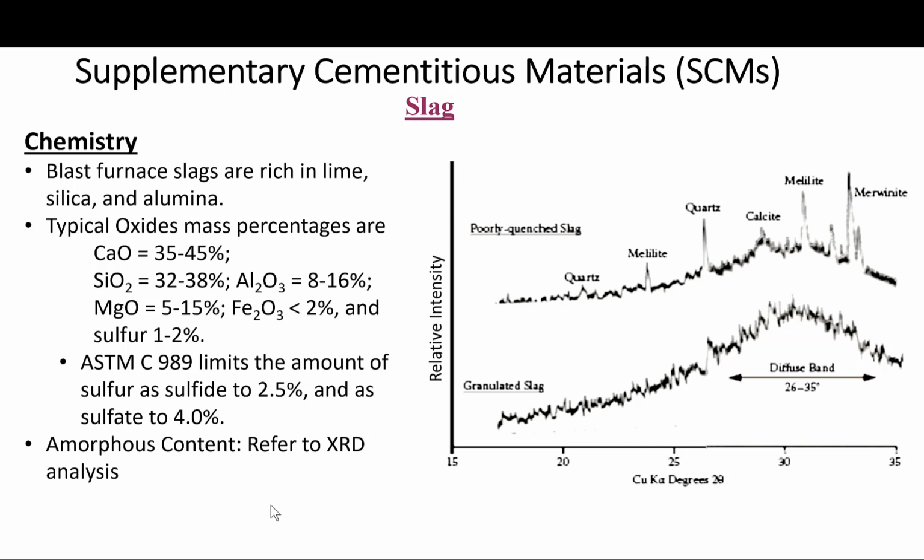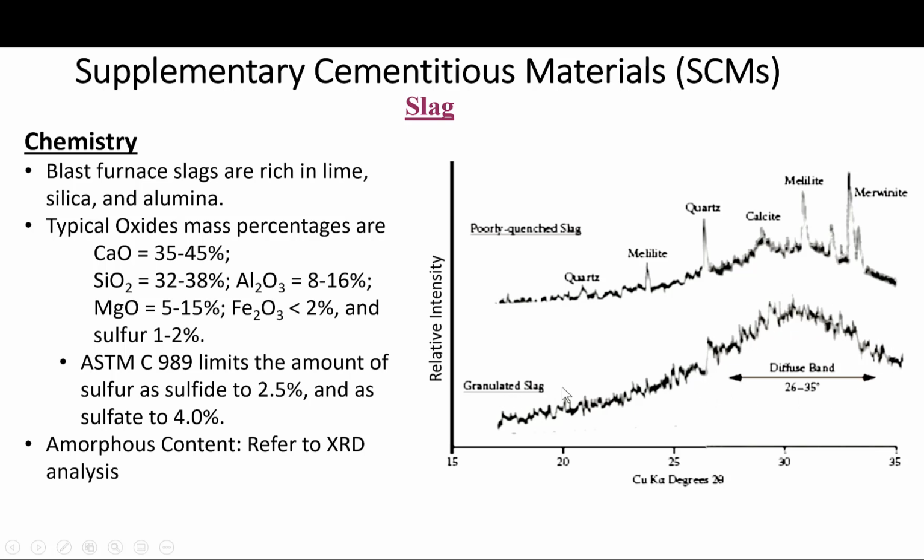So there are limits. When you get mill certificates to read and verify, make sure you are aware of the ASTM C989 limits. Also, if you are in doubt and there is evidence that requires it, you must require XRD, X-ray diffraction analysis, to make sure you have enough amorphous glassy content, which is typically indicated by this diffuse band.